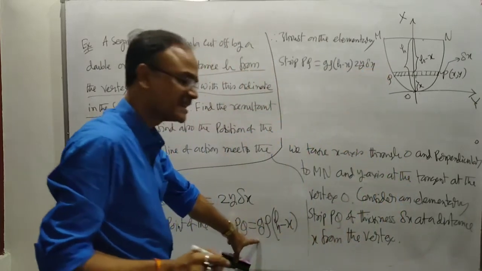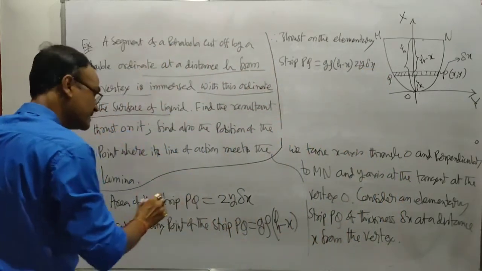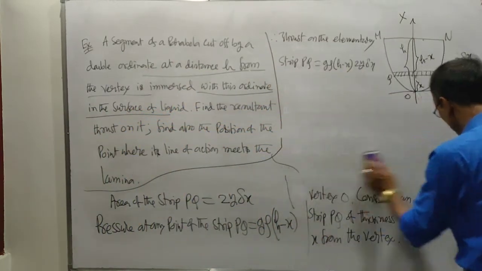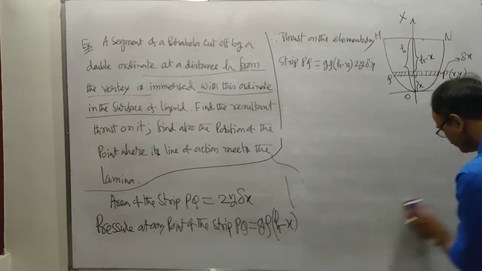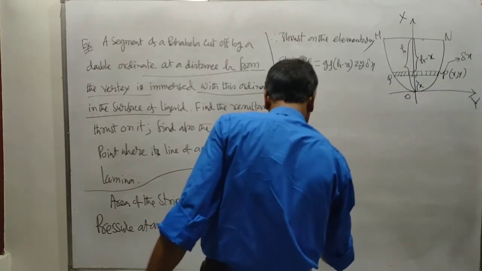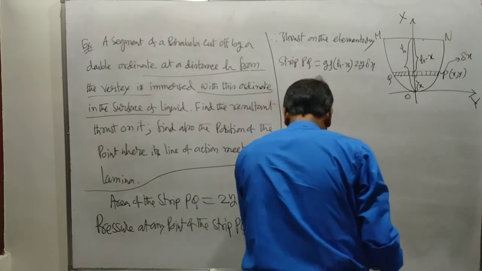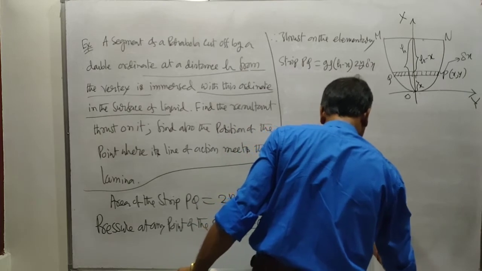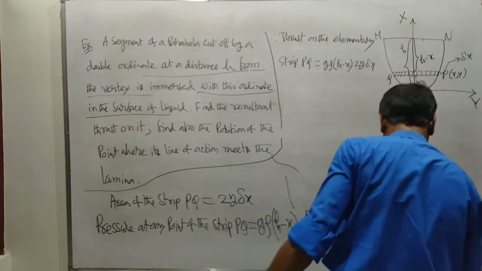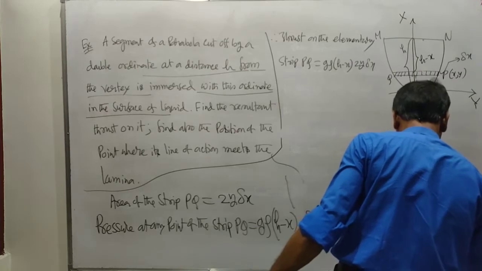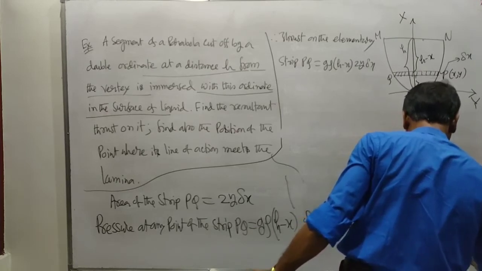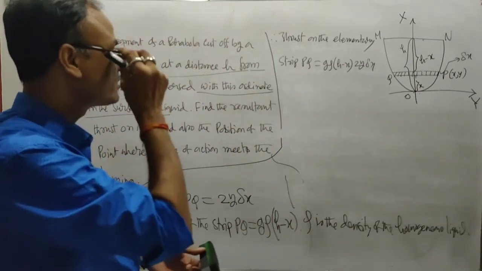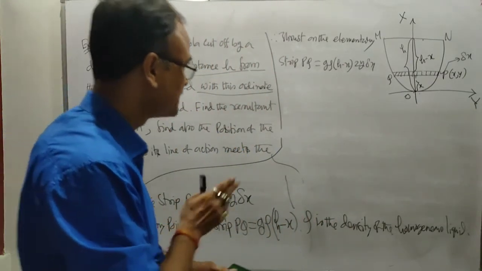Here you may write rho is the density of the homogeneous liquid. Thrust on the elementary strip PQ equals this.